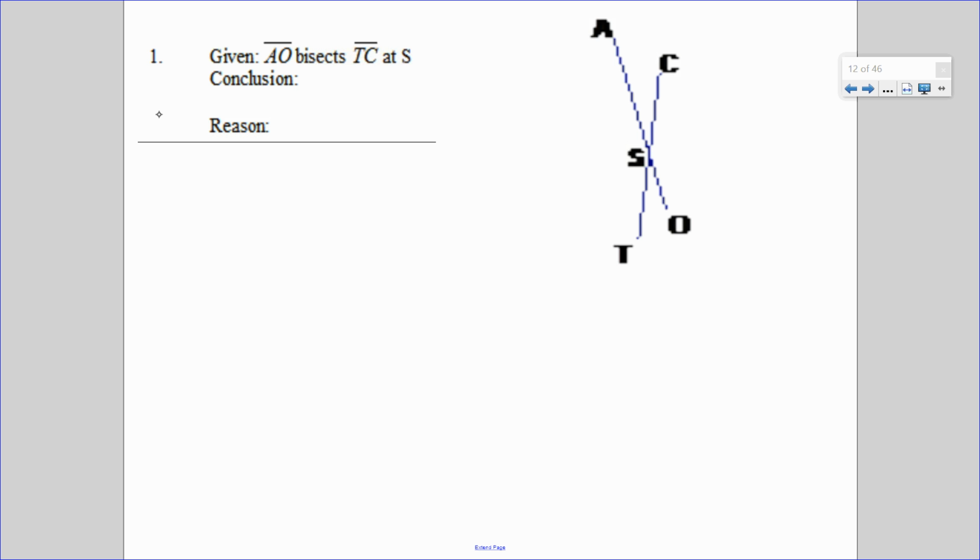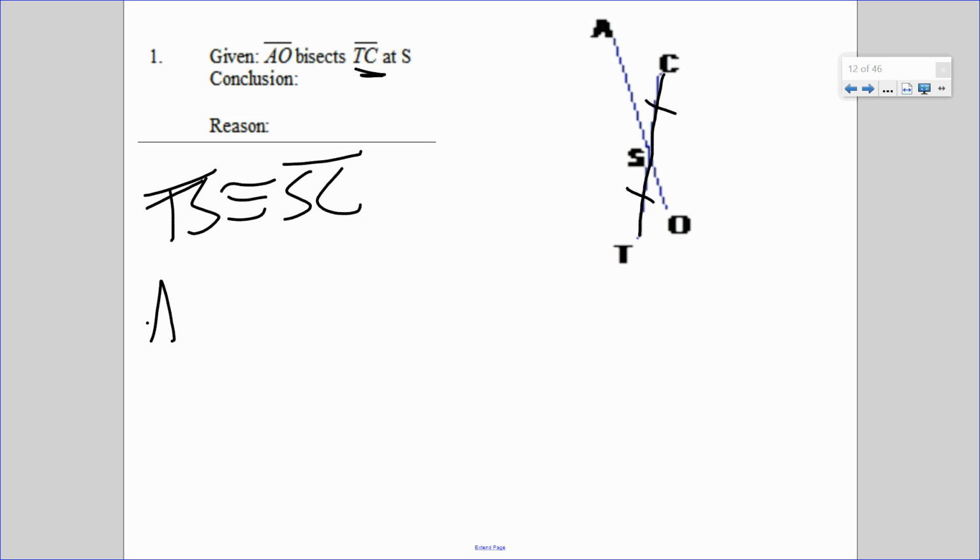If AO bisects TC, what's being bisected? TC. So TC is what's being bisected. TC is what's being cut in half. So if TC is cut in half, what are the two congruent halves? Well, TS and SC. So my conclusion is TS is congruent to SC, and my reason, well, it didn't say midpoint, it said bisector.